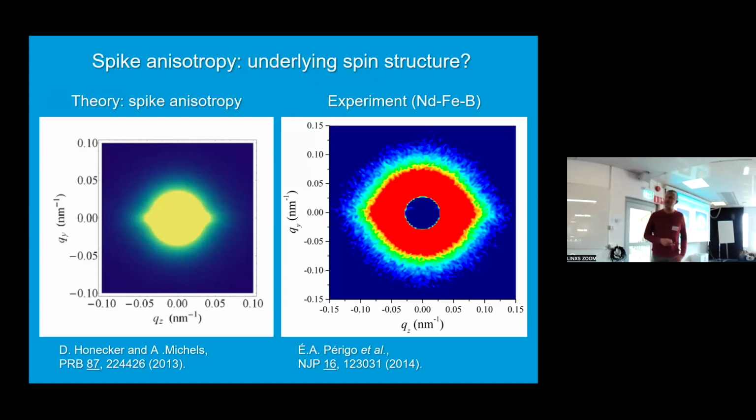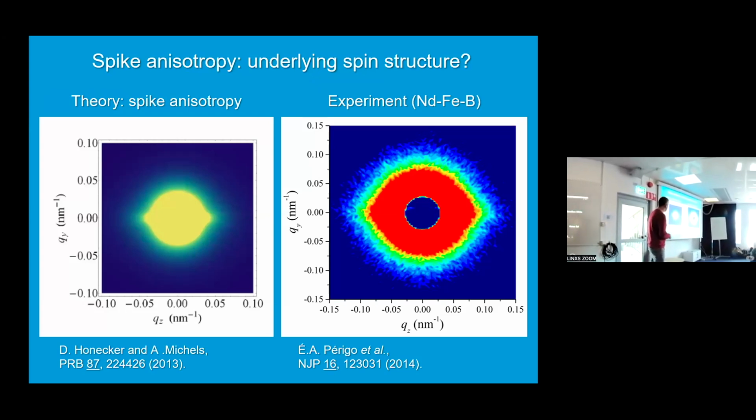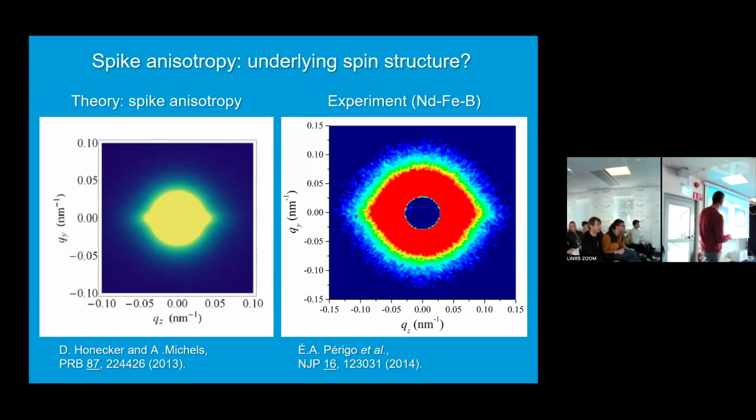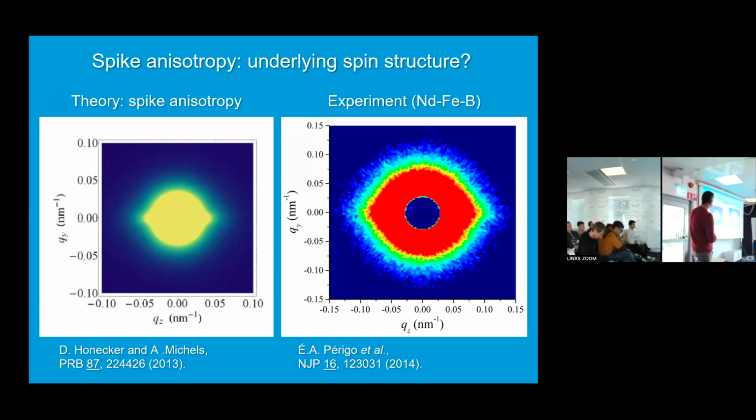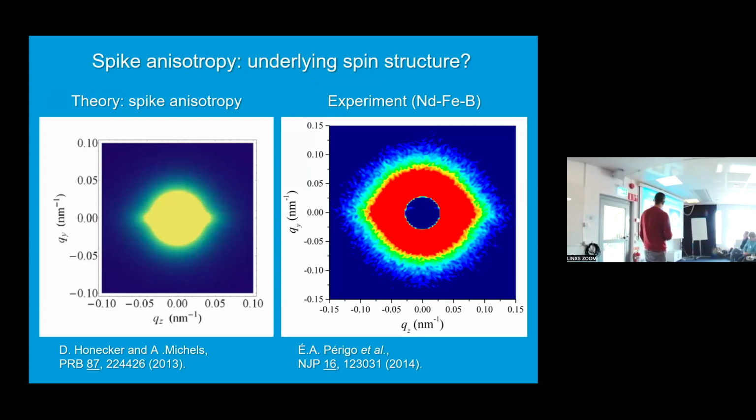The motivation for this study dates back to a paper from 2014, where we reported this angular anisotropy on a two-dimensional detector. This is a neodymium iron boron magnet, the same magnet for which I will report the latest results.